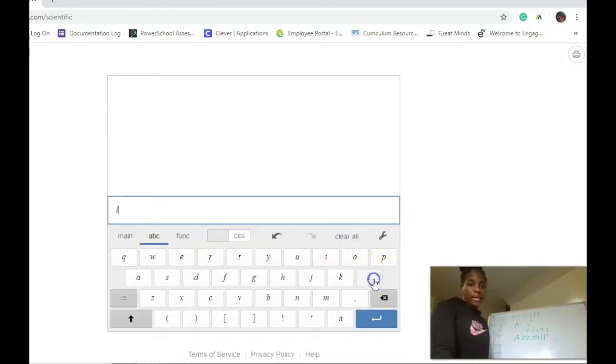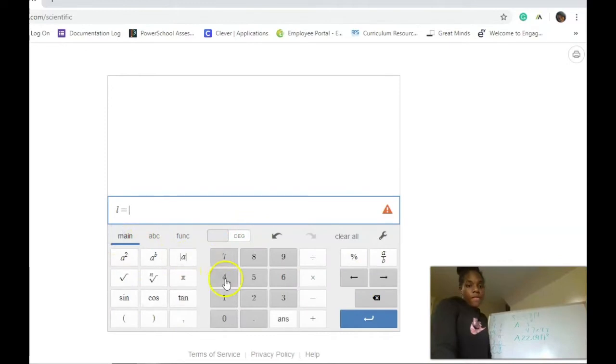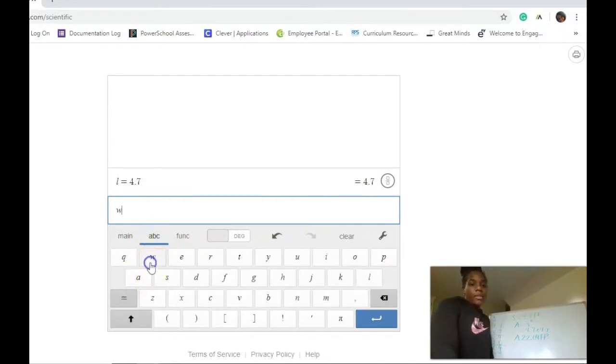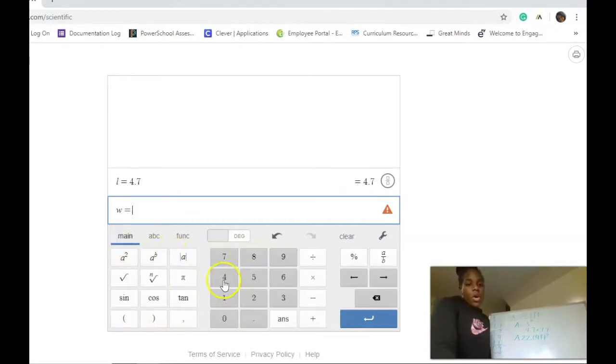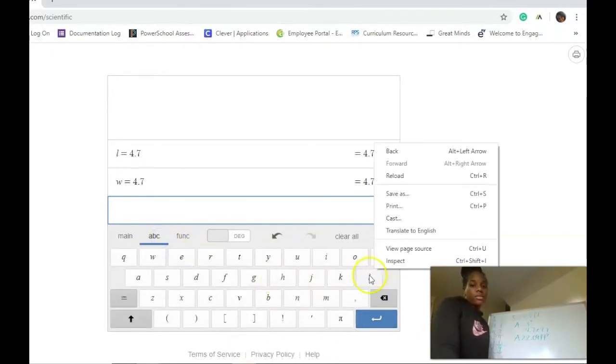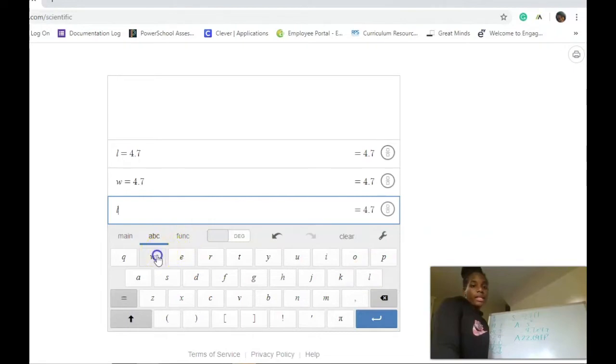And then I say L, we'll do the square, is equal to 4 and 7/10, and hit enter. Then I say W is also equal to 4 and 7/10 and hit enter. Then go back, use the letters L and W, and we come out with the same exact answer that we had with the previous ones.